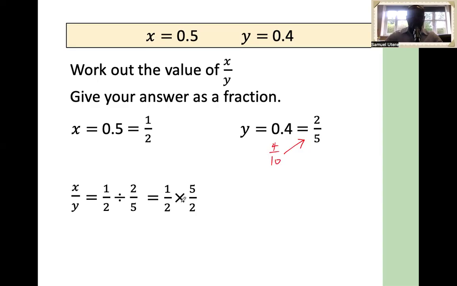And that makes our calculation super easy now, because we can simply multiply the numerators and we'll have 5 over 4, which if we write it as a mixed number will be 1 and 1/4. Because 5 divided by 4 will only go 1 time, and then our remainder is 1, which you can write as 1 over 4.